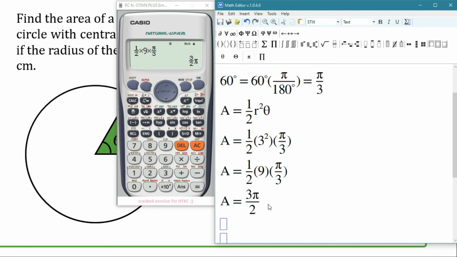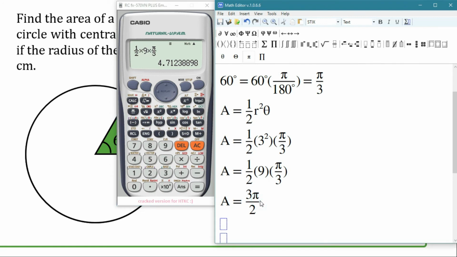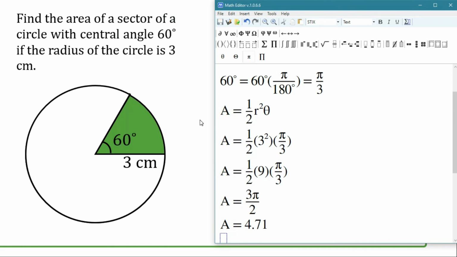So this will be the area of the sector, but you can actually express this in exact value by just pressing this on your calculator, and that will yield 4.71. The area of the sector will be equivalent to 4.71, rounded off to the nearest hundredth. The unit of measurement we have used here is centimeters.